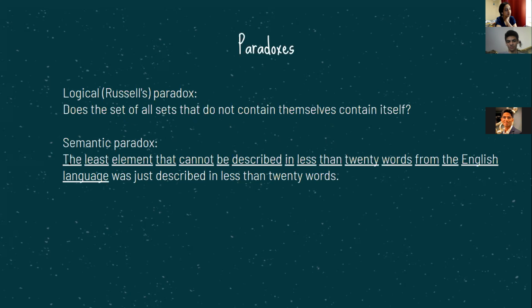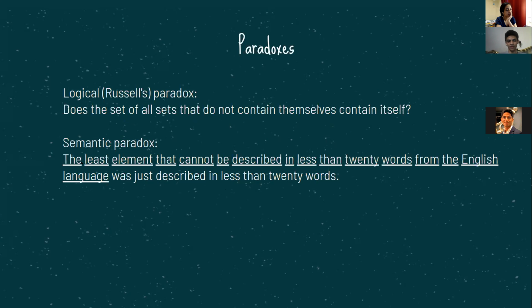So the semantic paradox here would be: the least element that cannot be described in less than 20 words in the English language was actually just described in less than 20 words. Semantic paradox is more related to language, and it simply contradicts the way our language works.